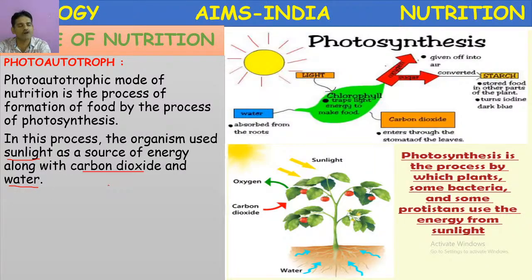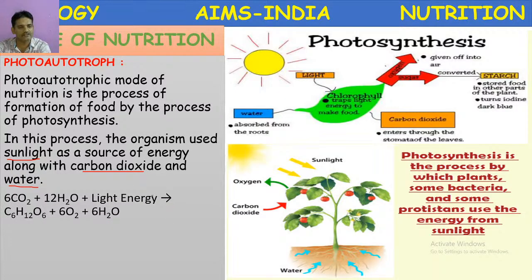In the presence of sunlight, carbon dioxide, water and chlorophyll undergo a photochemical reaction. This is the general equation: 6CO2 plus 12H2O in the presence of light energy and chlorophyll produce C6H12O6 plus 6O2 plus 6H2O.